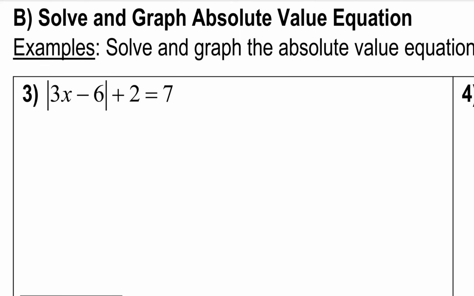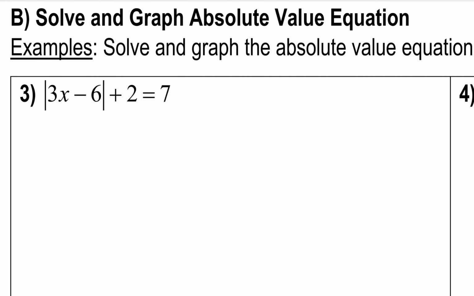So the next one, solve and graph. Now we have to solve it and graph it. Don't worry, it's not a normal XY axis graph, it's just a number line graph. That's all we're getting to right now. The same thing though, I want to get from this bar to this bar by itself, which means that 2 needs to move.